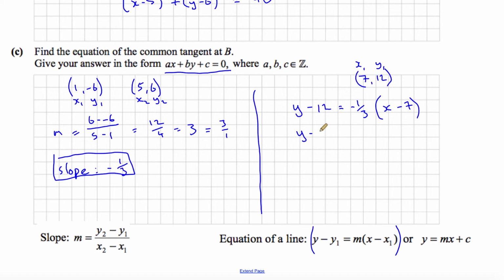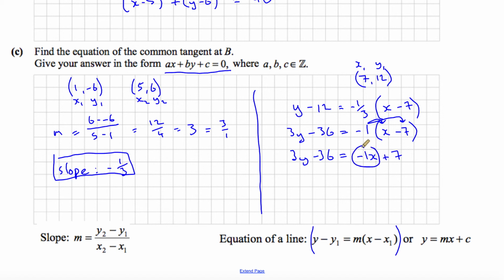So let's do that. Actually, the easiest way to do this would be to multiply everything by 3 to get rid of the minus 1/3. That would give us 3y minus 36 is equal to minus 1 by the x minus 7. Leave the left for now, sort out the right. Minus 1 by x is minus 1x, and minus 1 by minus 7 is positive 7.